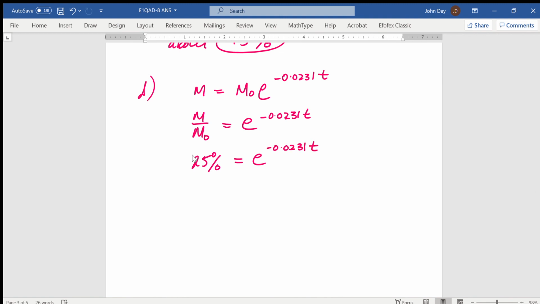We want t to end up being 60 days or less than 60 days.